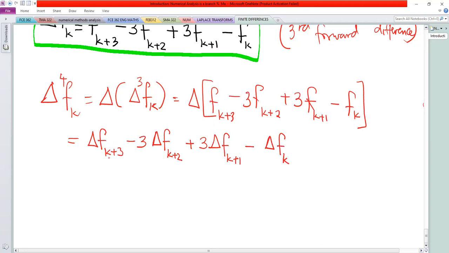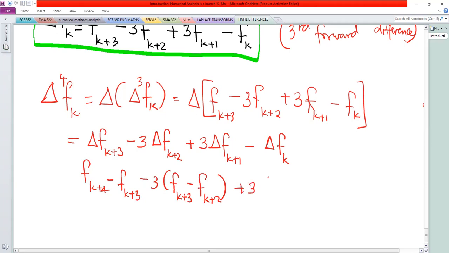So by definition, this will give us fk plus 4 minus fk plus 3, minus 3 times fk plus 3 minus fk plus 2, and then plus 3 times fk plus 2 minus fk plus 1, minus fk plus 1 minus fk.